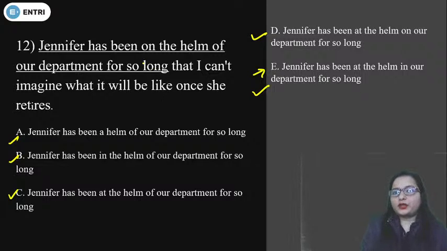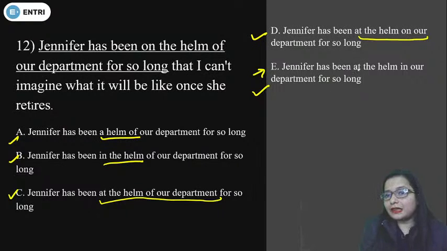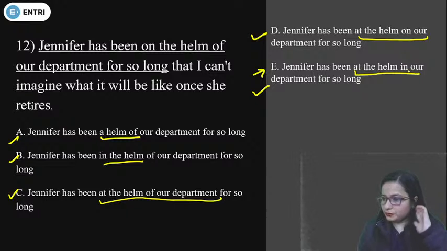Okay, Jennifer has been on the helm of our department for so long, and we have options like Jennifer has a helm of, in the helm of, at the helm of our department. Okay, at the helm of, I mean on, and then at the helm in our. Are you able to figure out where the problem is here?